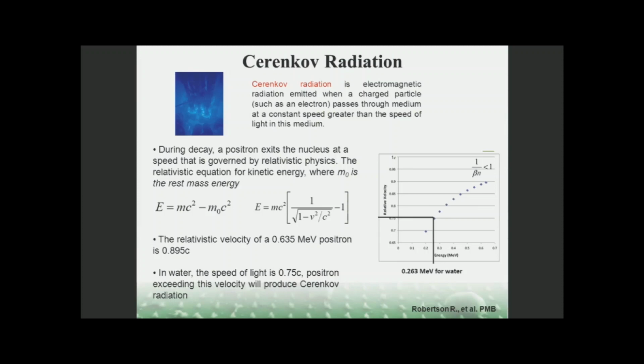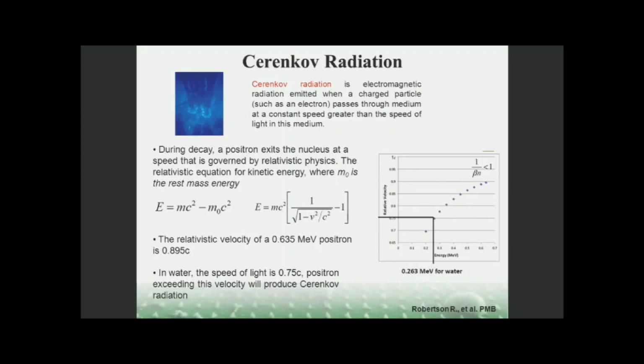And also, if you take this 0.75 C and calculate the energy, any radionuclide emitting particles with energy higher than 0.268 MeV can generate a Cerenkov photon. So 0.268 is not so high.